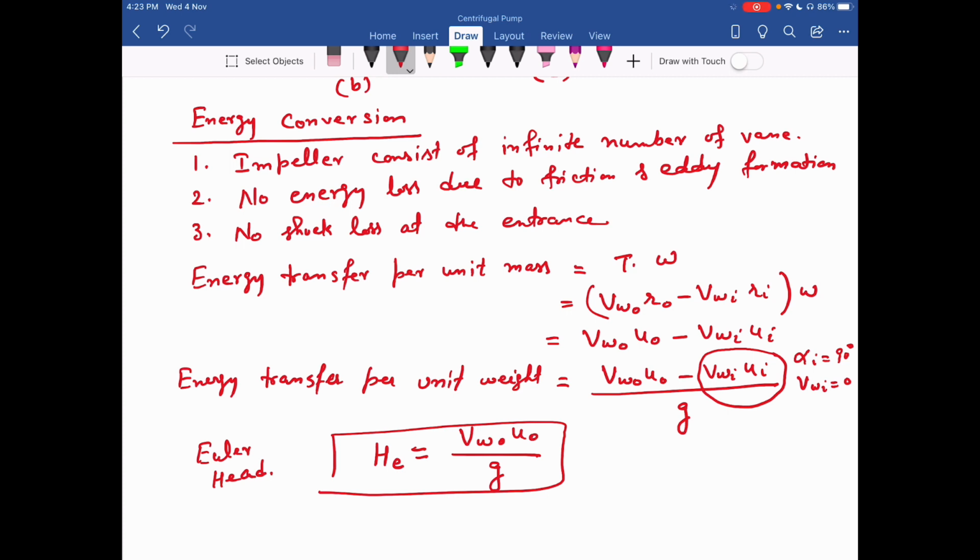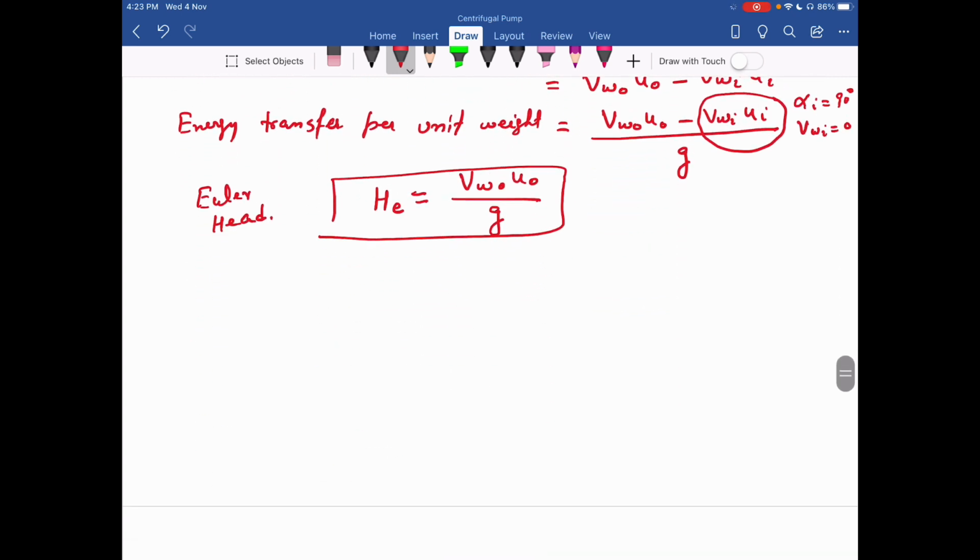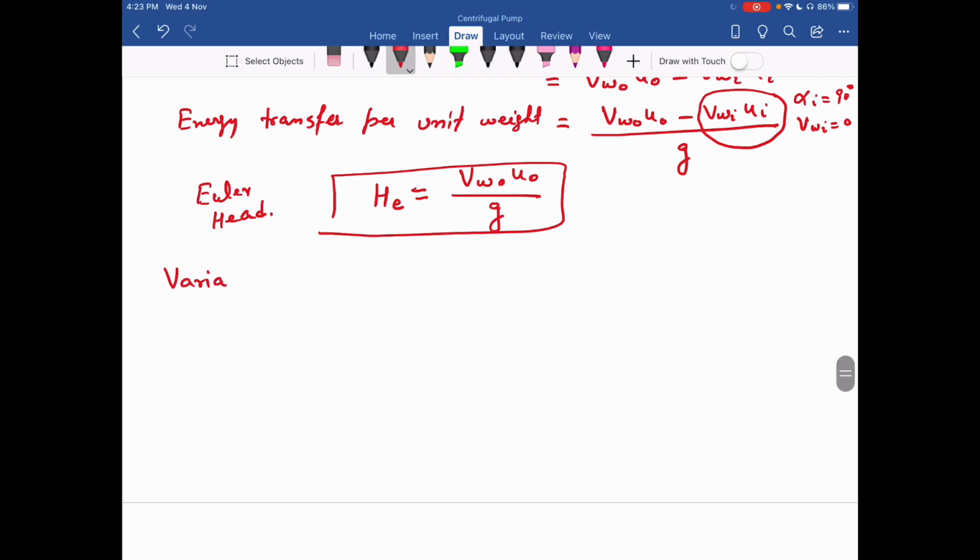Okay, so my Euler head is equal to VWO UO divided by G. So this is my energy conversion equation for centrifugal pump. The next is the variation of Euler head with vane shape.